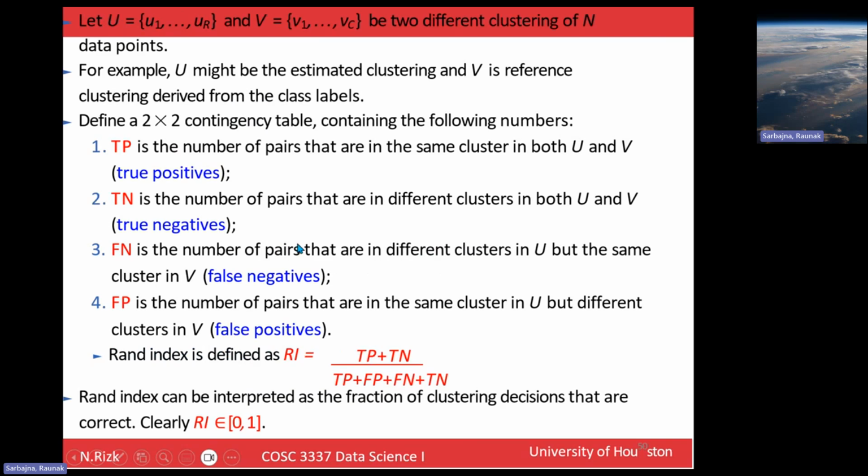So that's why you use a precision score and recall score and F1 scores that you have learned earlier. So the RAND index is essentially just this: true positive plus true negative divided by the entire data set, true positive plus false positive plus false negative plus true negative. What RAND index essentially tells you is very basic. It just tells you what fraction of your entire clustering result is correct, in that it matches the ground truth.